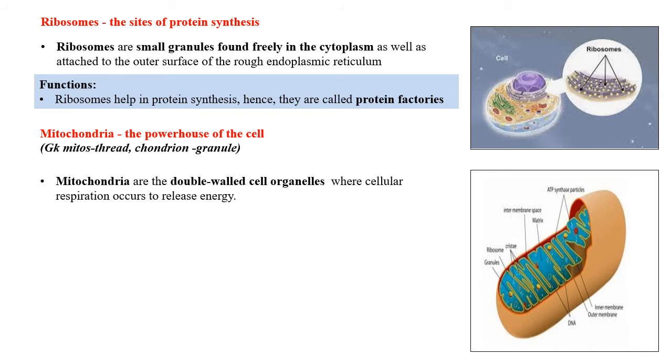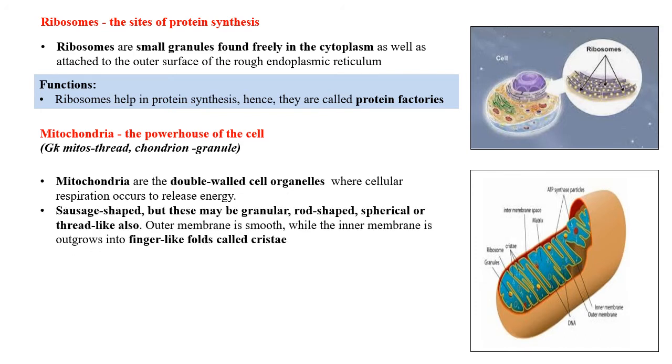Typically, mitochondria are sausage-shaped, but these may be granular, rod-shaped, spherical, or thread-like also. Each mitochondrion is covered by a double membranous bag. Its outer membrane is smooth, while the inner membrane outgrows into finger-like folds called cristae.